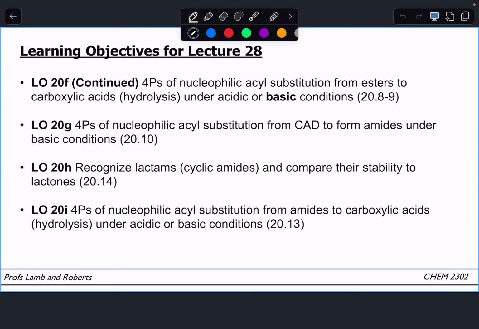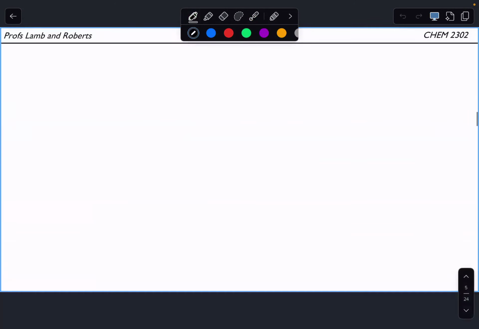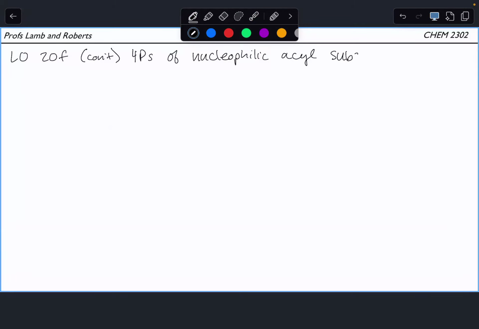So let us start with our first learning objective, which is really a continuation. It's continued, which is the 4 Ps of nucleophilic acyl substitution from esters to carboxylic acids.